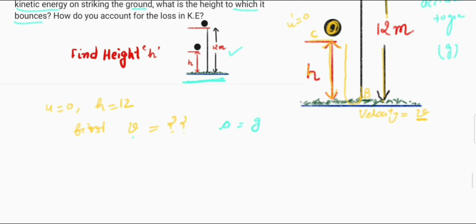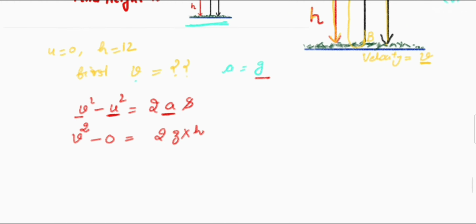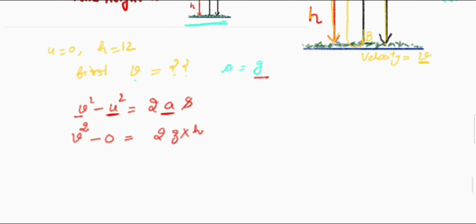In order to find this, we will use the equation V square minus u square is equal to 2as. Here V is the velocity which we have to find out, u is equal to 0, a is the acceleration due to gravity, which is equal to g, and s is given as h, which is equal to 12.